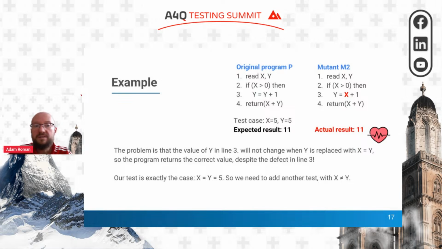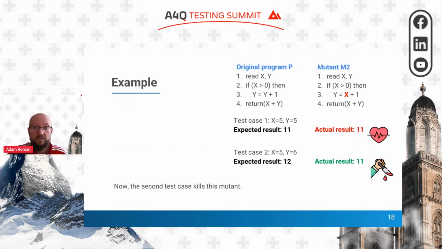So we noticed that for this particular situation, we should add a test with x not equal to y, and we don't have such a test case in our test suite. So we are somehow forced to add a second test case. Let's say x equals 5, y equals 6.